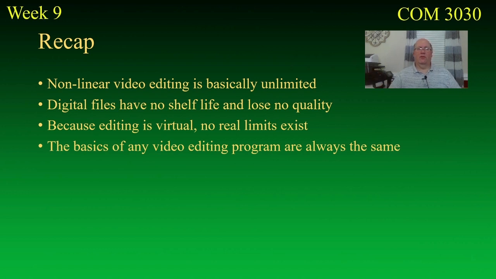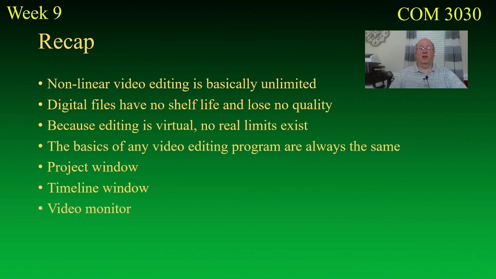And we use several of these. But of all of them, they all basically have the same units. And so if you're used to working with one, generally you can become used to working with another. So first of all, every one of these programs has some kind of project window. You have some place where you can see your video clips. And there's something like a timeline, where you can see shot, shot, shot, and see how that works.